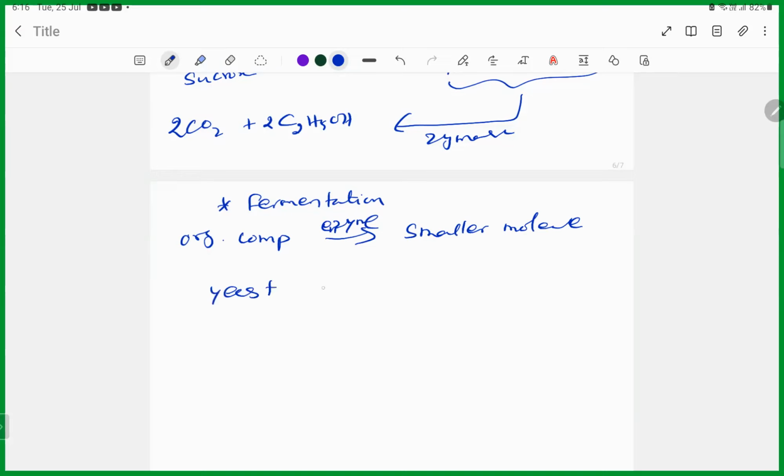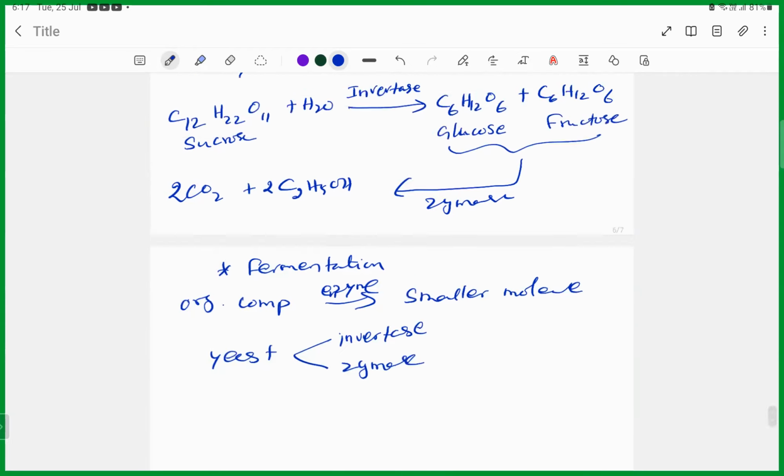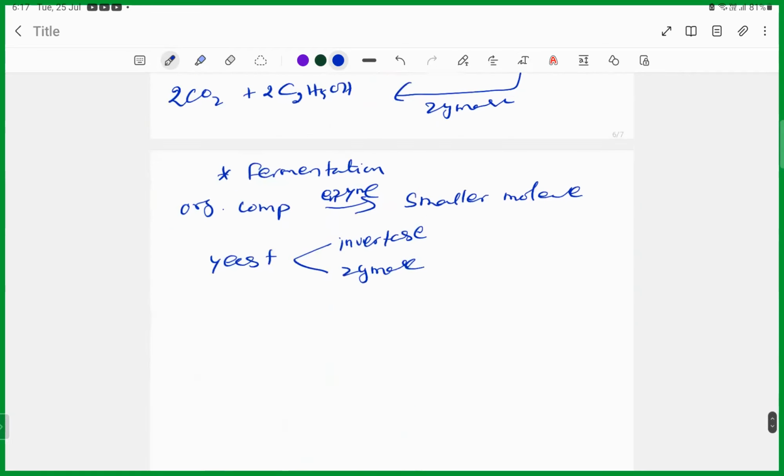The fermentation is initiated by yeast, which secretes two enzymes, namely invertase and zymase. These enzymes act as a catalyst for converting sugar into ethanol. This reaction is exothermic and carbon dioxide is released in the process. So this is the way by which industrially we can prepare ethanol.